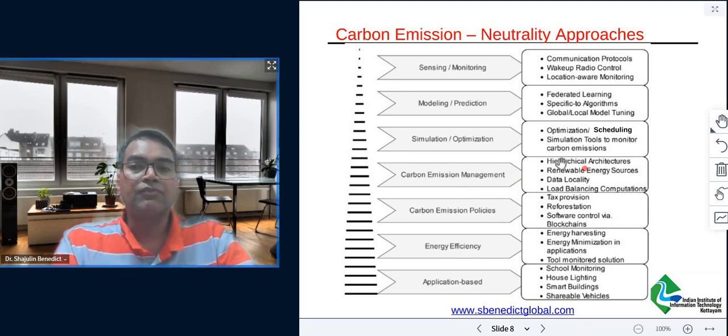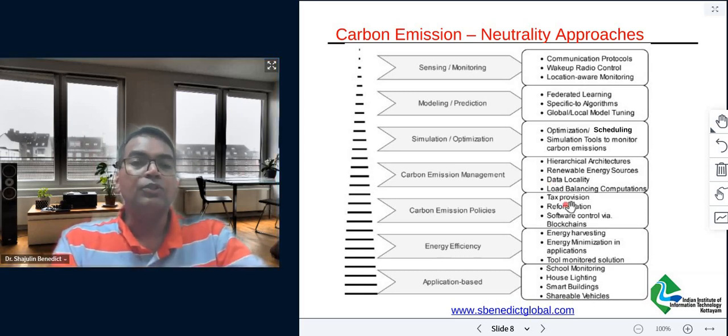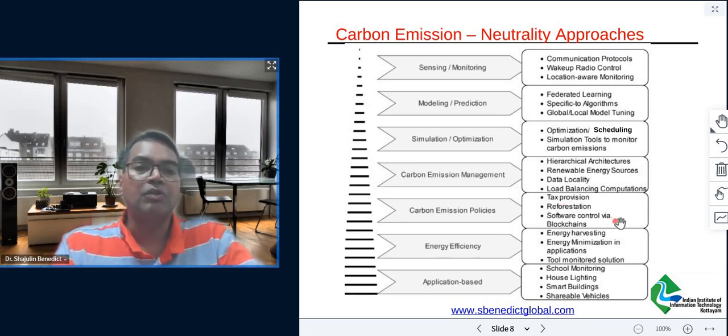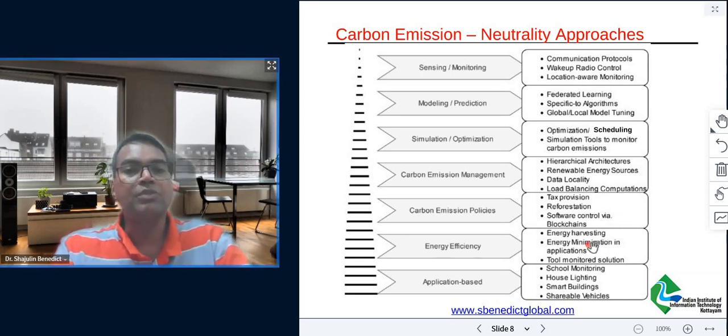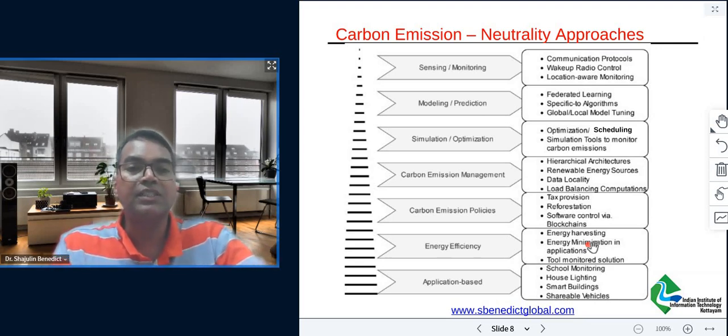Or you could create some kind of architectures, hierarchical structures, or carbon emission controlled management architecture, which also involves a lot of renewable energy sources to power the IoT applications. Or you could create policies like imposing heavy taxes on carbon emitting systems, or providing blockchain based solutions to protect data so that if someone commits carbon emissions, they have to be penalized.